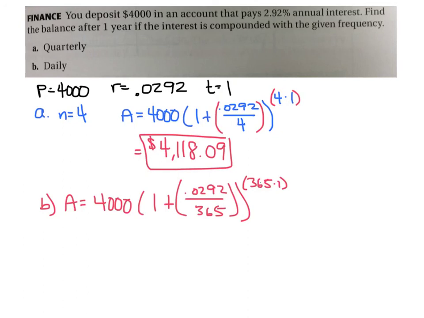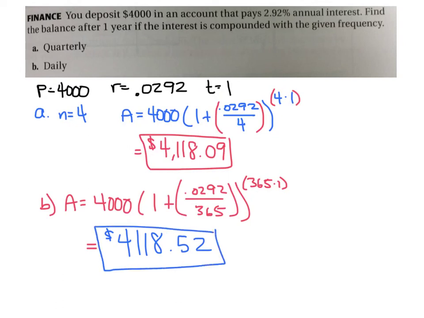Okay, so we put that in our calculators and figure out how much that would be. All right, so after a year compounded daily, I have almost the same thing, $4,118 and about 52 cents. So the more times compounded per year, the slightly more that you should have in your account. Okay, and so that's compound interest.